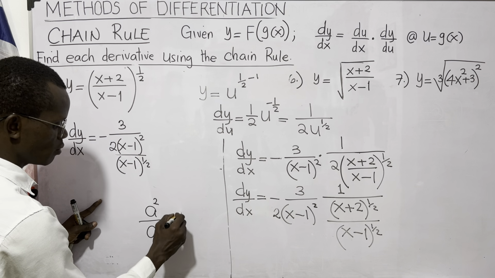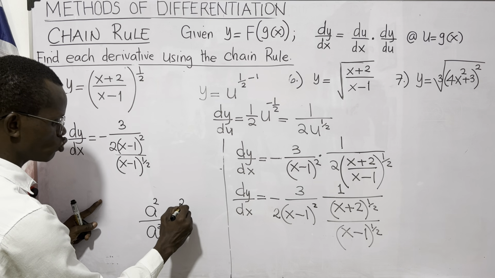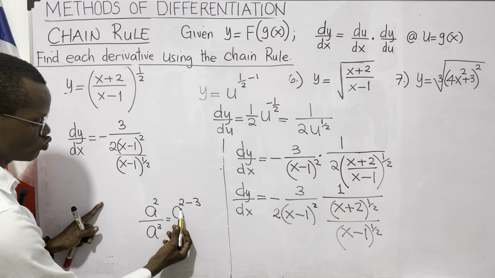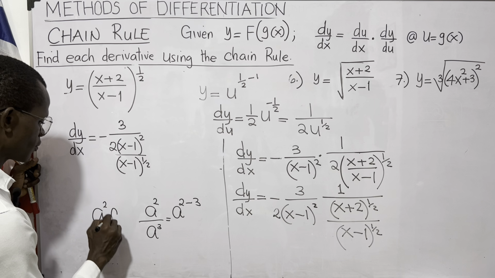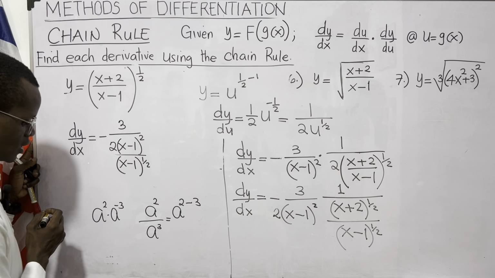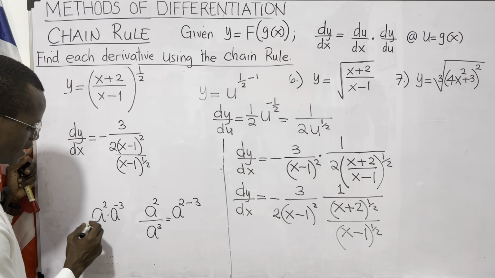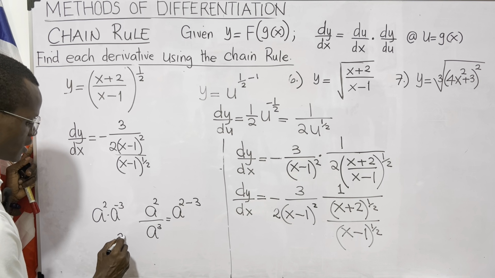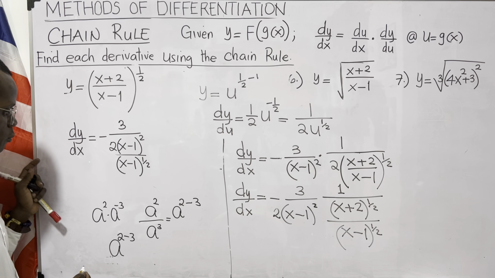The rule says we must say 2 minus 3. Why are we saying 2 minus 3? Because this a, we can send this a raised to the third power to the numerator. So it will be a raised to the second times a raised to the negative 3. When the bases are the same, we multiply, we add their powers. That is 2 plus negative 3, which is 2 minus 3.